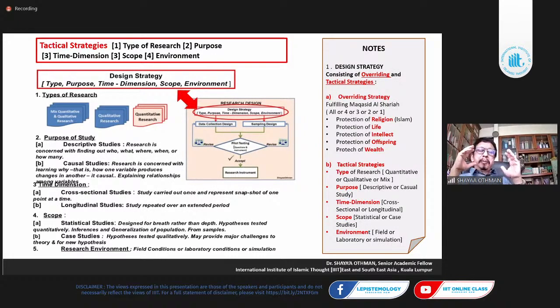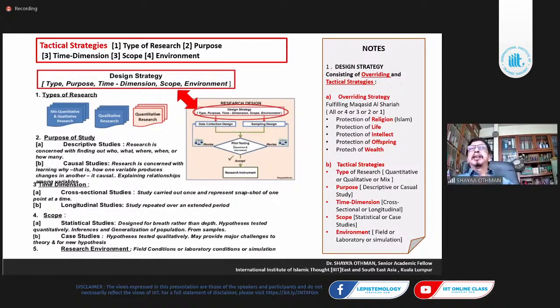So Maqasid al-Sharia is the total objective, ultimate objective. This is an overriding objective. Meaning to say, whatever we want to design, whatever type of research we choose, is designed in such a way that it should work toward fulfilling the objective. It should not contradict the objective.